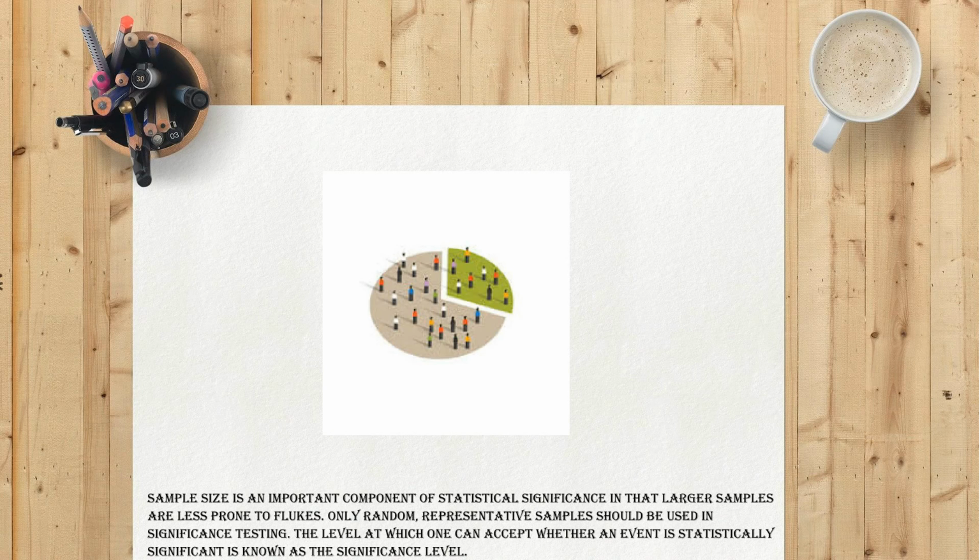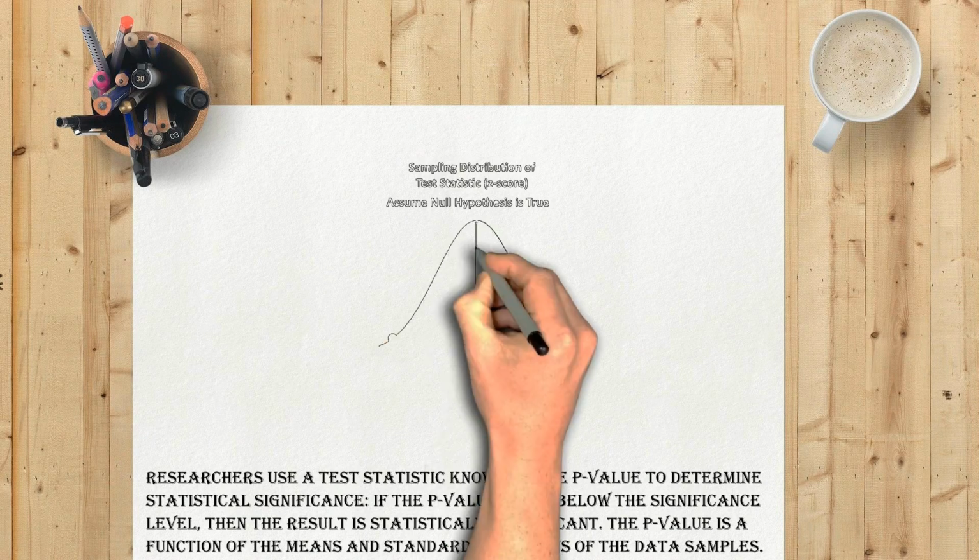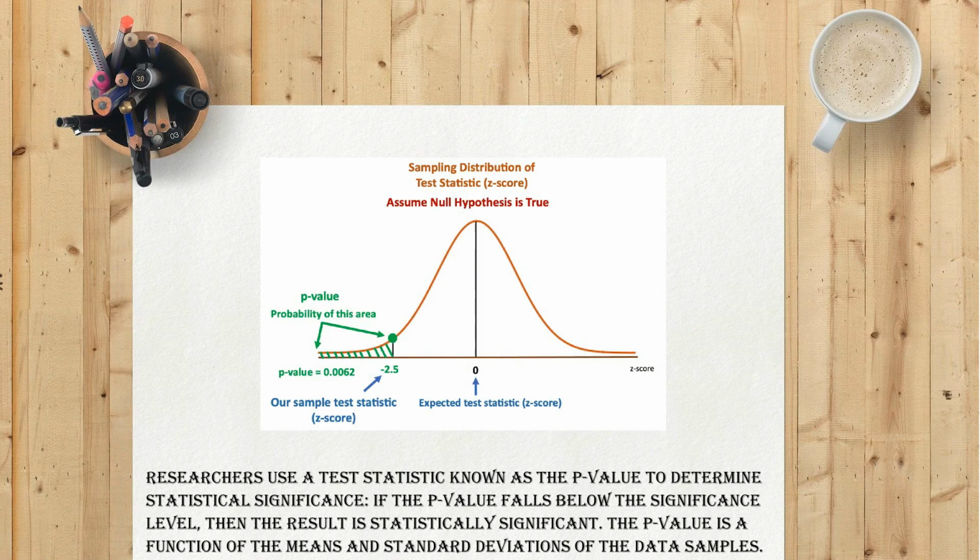The level at which one can accept whether an event is statistically significant is known as the significance level. Researchers use a test statistic, known as the p-value, to determine statistical significance. If the p-value falls below the significance level, then the result is statistically significant. The p-value is a function of the means and standard deviations of the data samples.